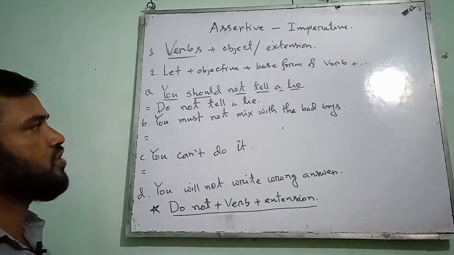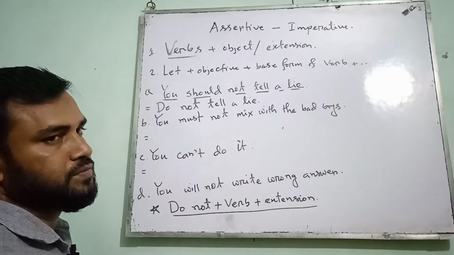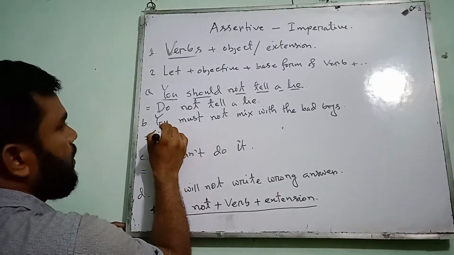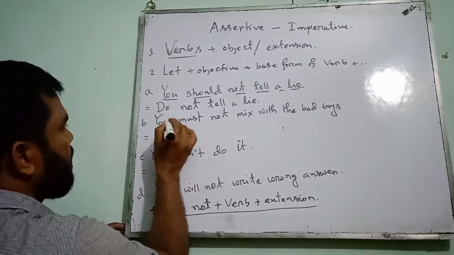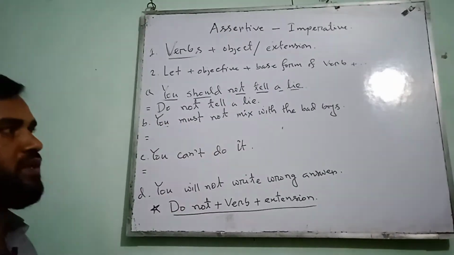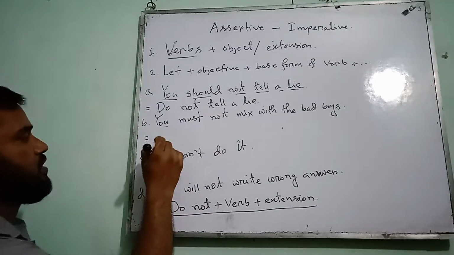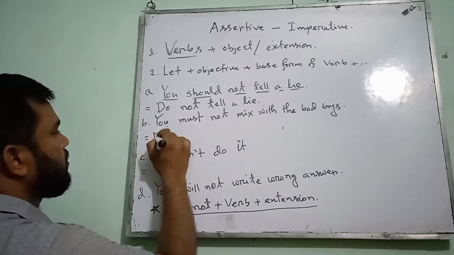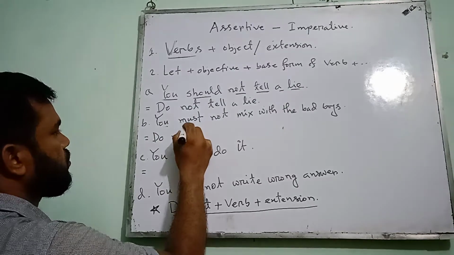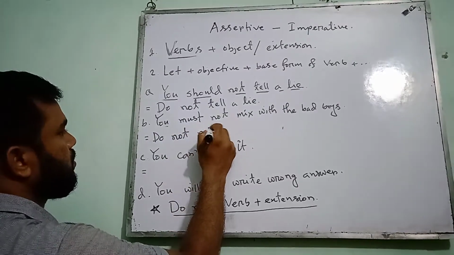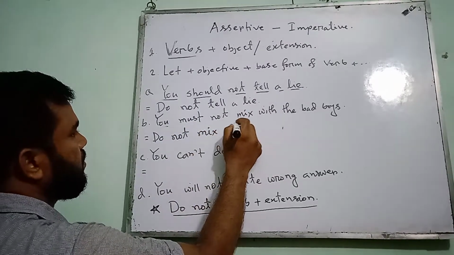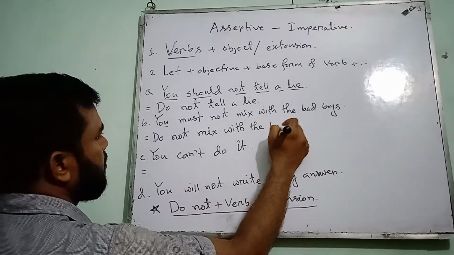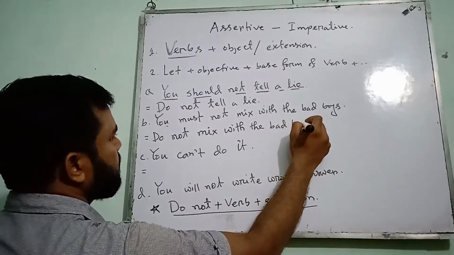Do not tell a lie. And this is an imperative sentence. Let's go to the next one. You must not mix with the bad boys. And I have to write do not mix with the bad boys.